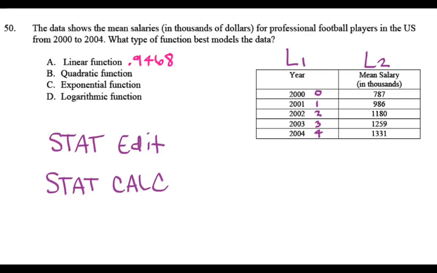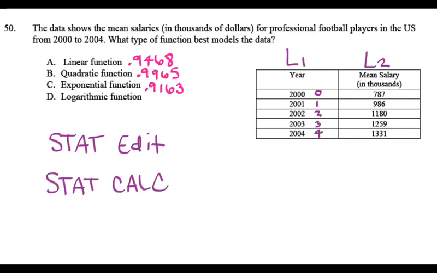Quadratic regression is number 5. That gives you 0.9965. Exponential regression, which is 0, gives you 0.9163.